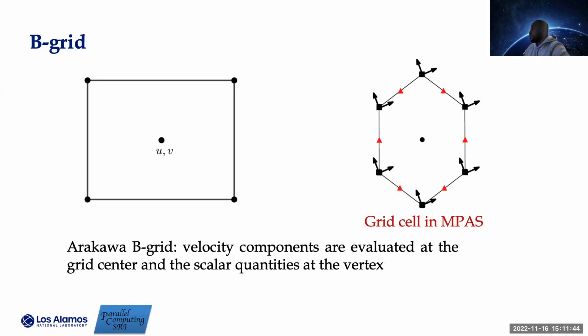I'm going to talk about how we solve those velocities and where exactly we place them in the grid. The black arrows are the coordinate system on each vertex, so each vertex has its own coordinate system. That's basically how we solve this problem using the C-grid approach.